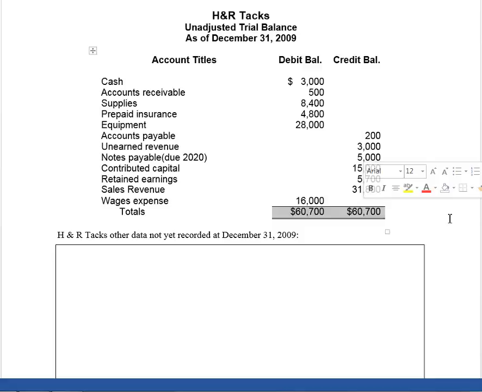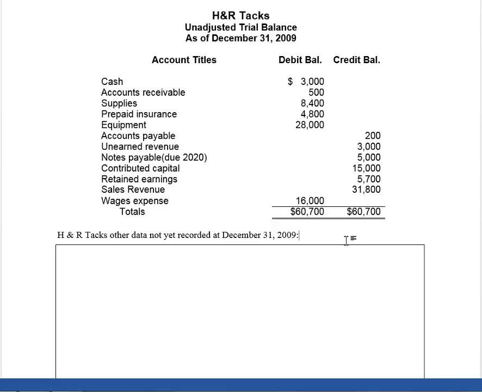Now, because we started off with a balanced position, we should wind up with an adjusted trial balance that balances as well. But in order to get from the unadjusted to the adjusted, we have to consider things that perhaps the company has not yet taken into account by the time they get to the end of the year, December 31st, 2009.